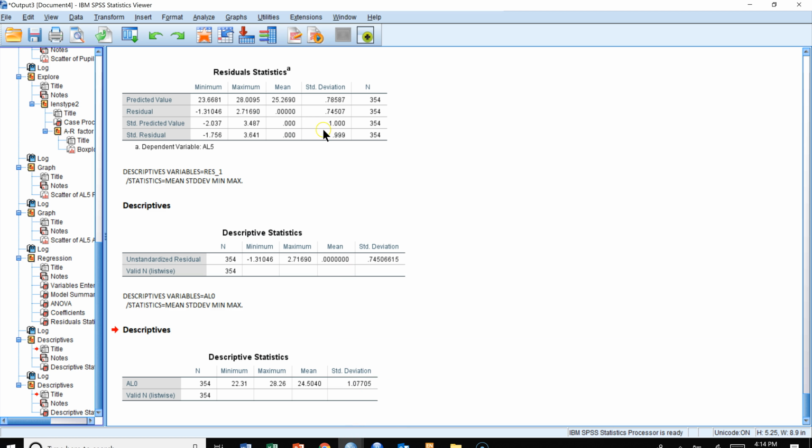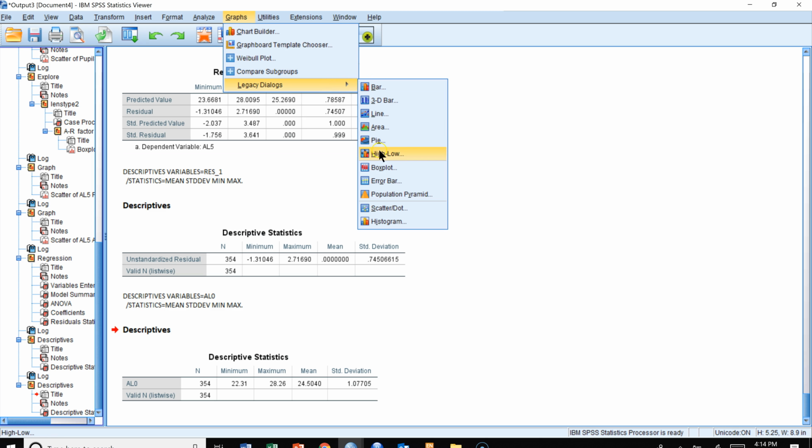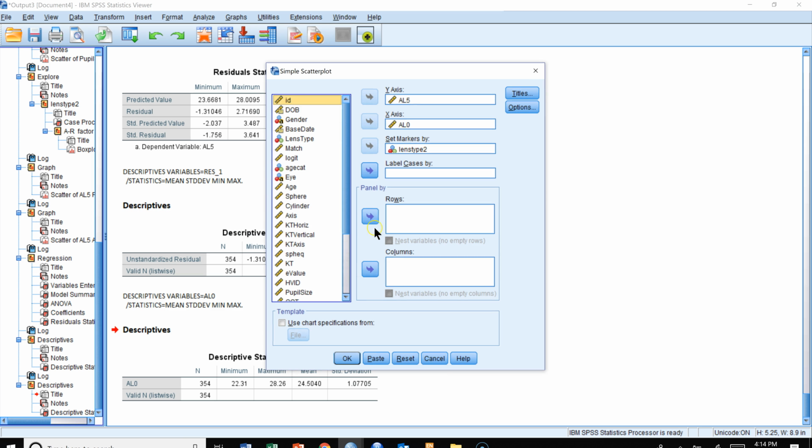So anyway, Graph, Legacy, Scatter, Define. All right, now instead of AL0, we want our factor score, and we want our factor score to predict the residual.